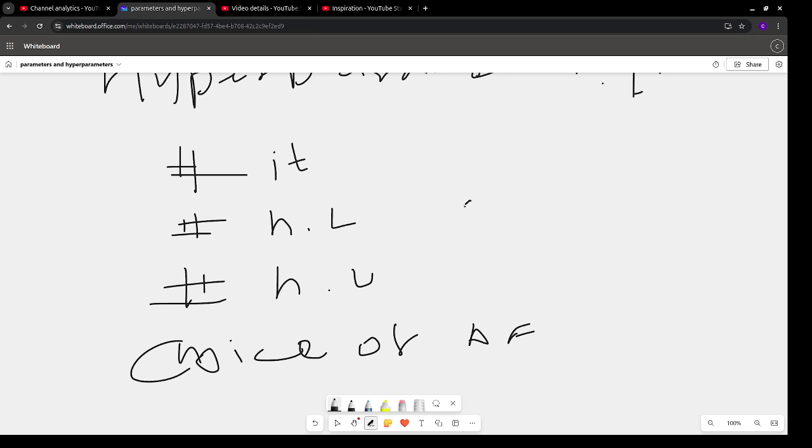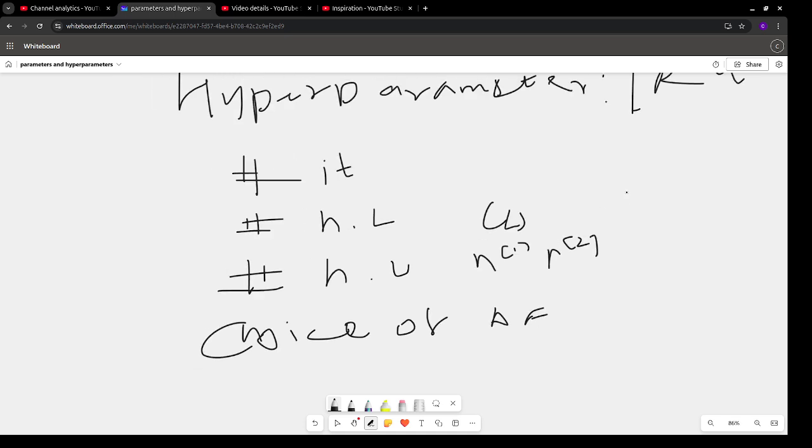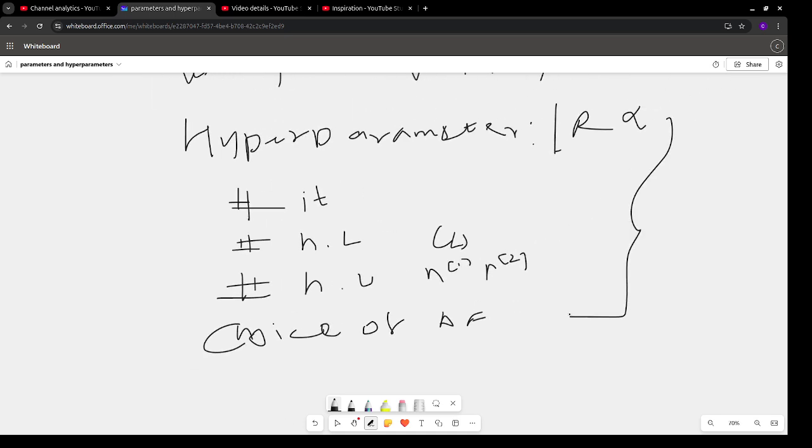So the number of hidden layers is capital L, and the hidden units are n1, n2. These are all our hyperparameters, if you guys are thinking.